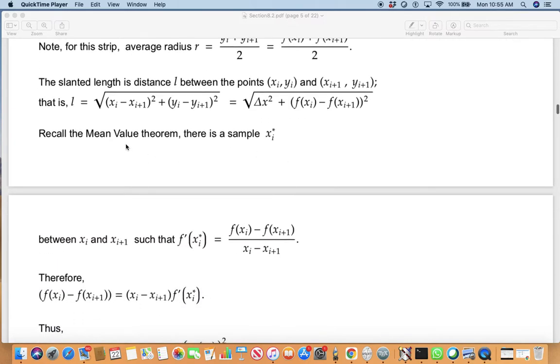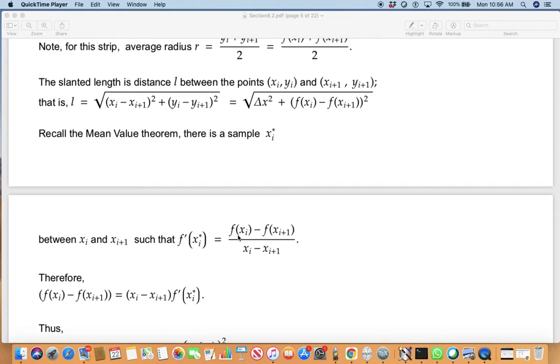Now, let's use the mean value theorem. By the mean value theorem, there is a sample xi star between xi and xi+1 such that the derivative of f at xi star is (f(xi) minus f(xi+1)) over (xi minus xi+1). The mean value theorem is applicable when your function f is differentiable. So f prime at xi star is this ratio.